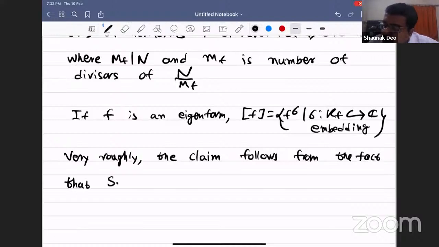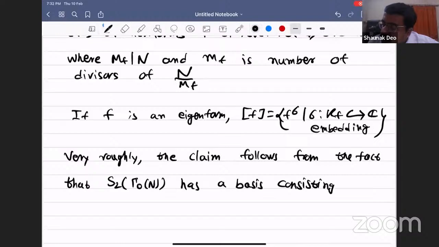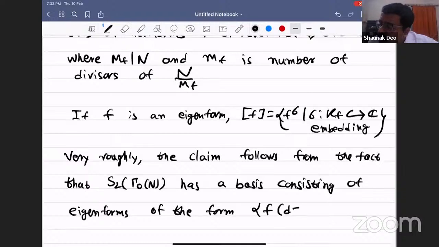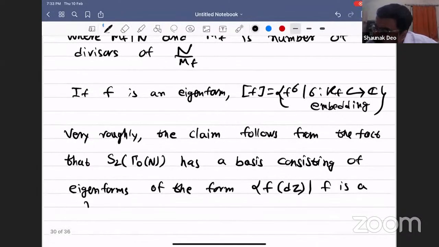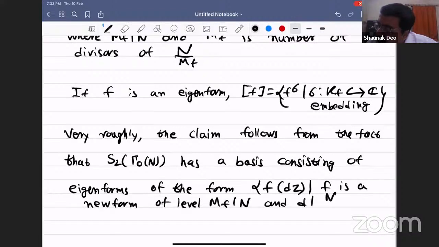That S2 of gamma naught of n has a basis consisting of eigenforms of the form f of dz, where f is a newform of level mf dividing n, and d divides n over mf.